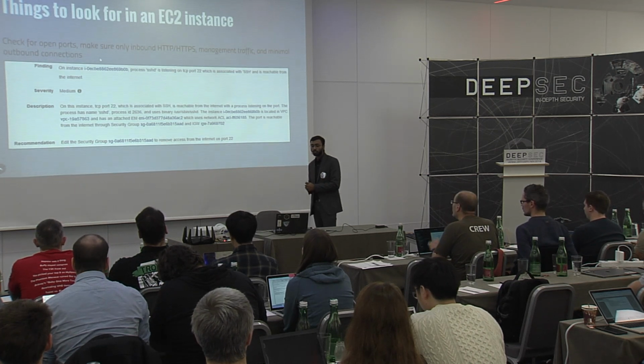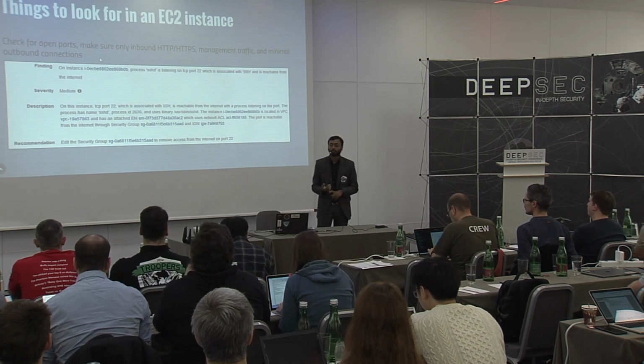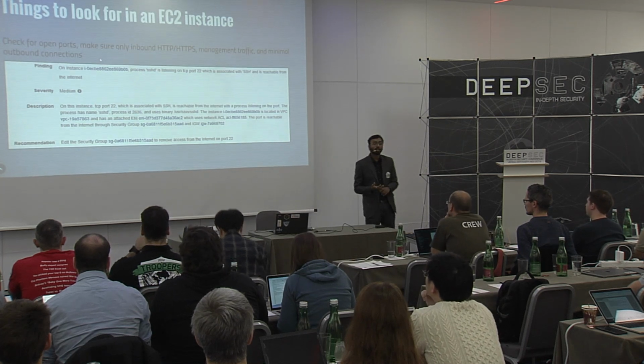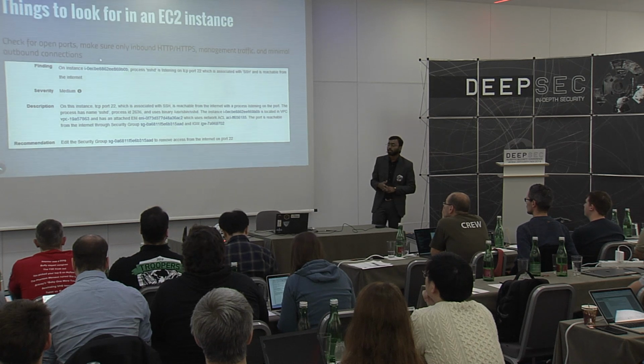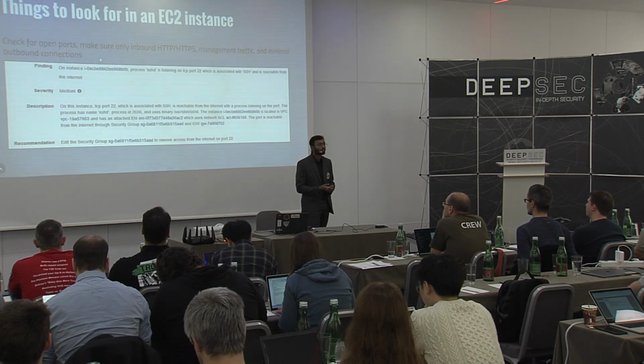So you should check for open ports, which can be done using a generic tool like nmap, running nmap to find open ports and what kind of traffic is allowed, and things like that.